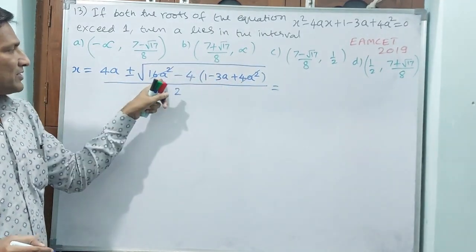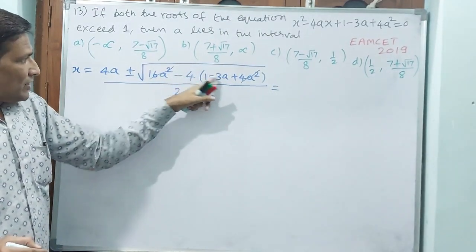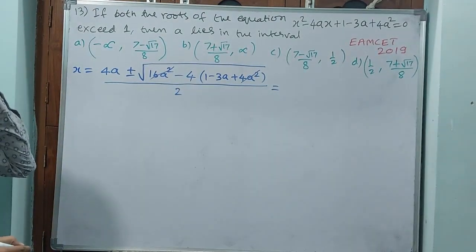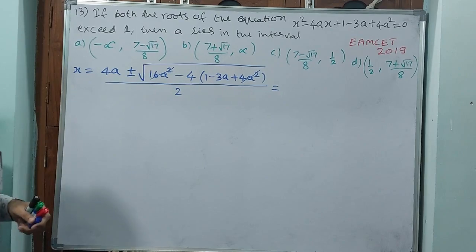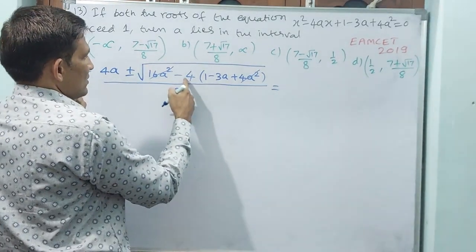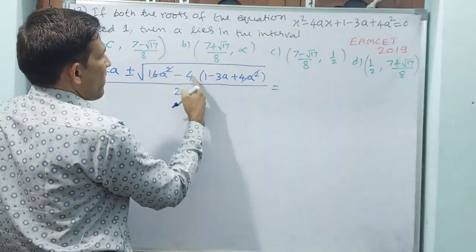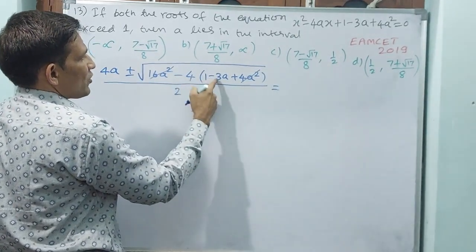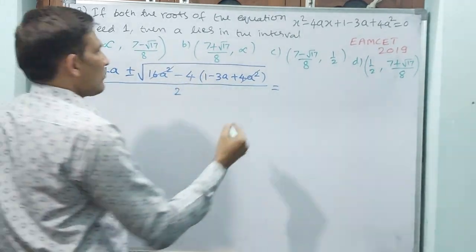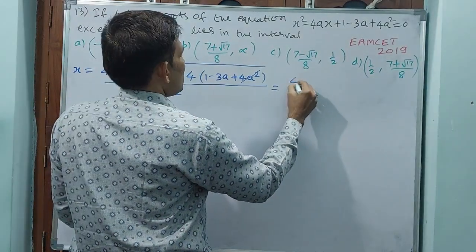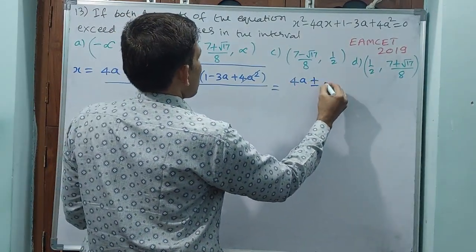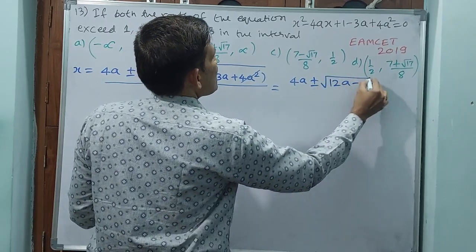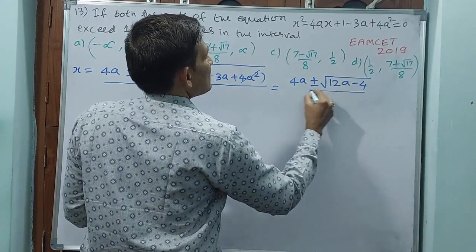Now 12a minus 4, not 3a, 12a minus 4, write down. That means 4a plus or minus the square root of 12a minus 4, divided by 2.